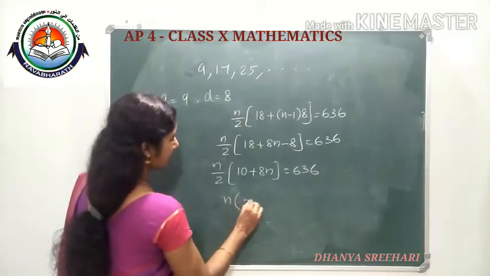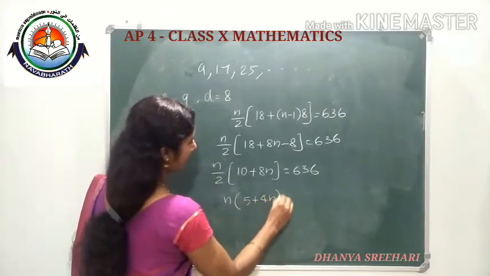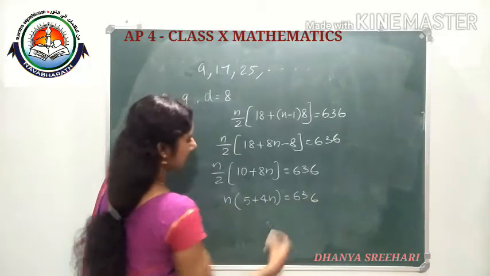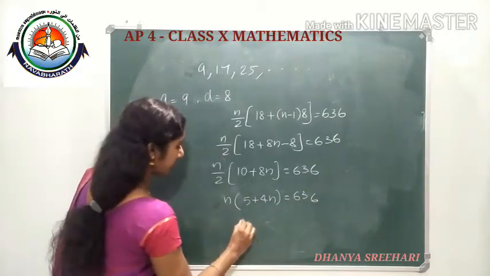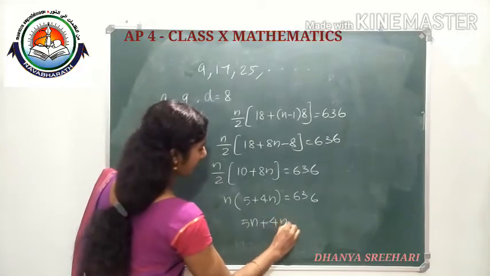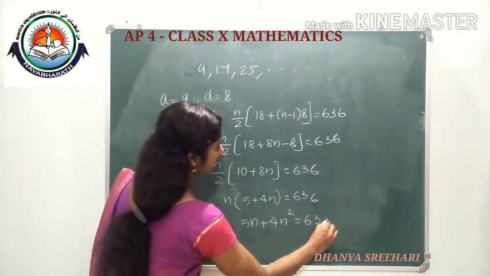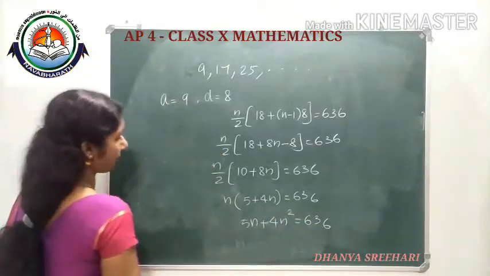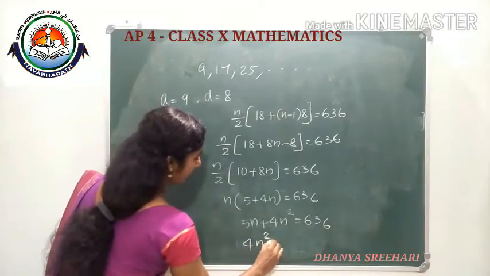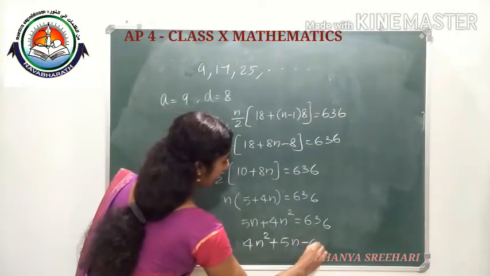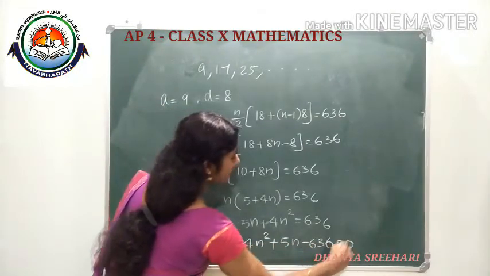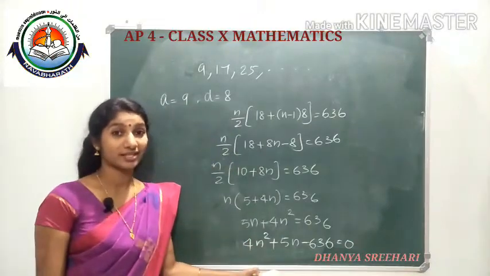So it is 5 plus 4n, giving 5n plus 4n square equal to 636. So we are getting the equation 4n square plus 5n minus 636 equal to 0. We reached a quadratic equation.